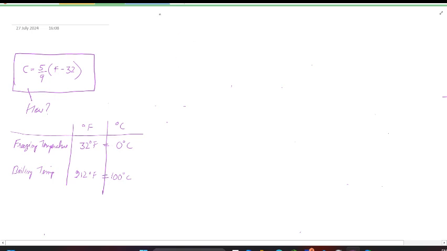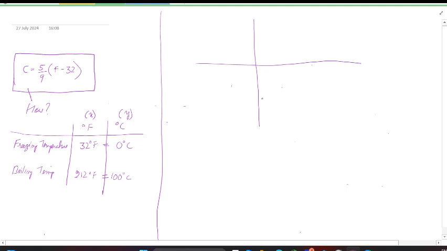So what I'm going to do next is plot them. Let's assume this to be the x-axis, the Fahrenheit, and the Celsius to be the y-axis, and let's plot the values. Actually, I don't think we need it to be this big.